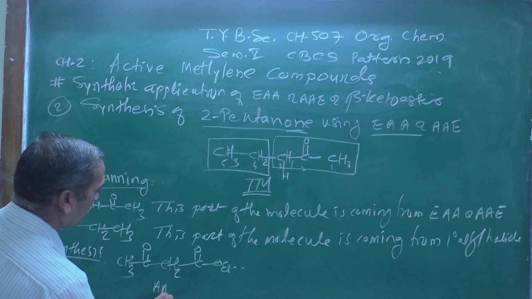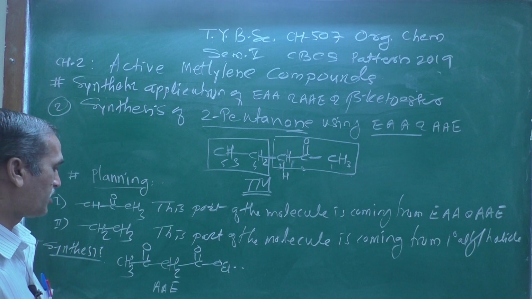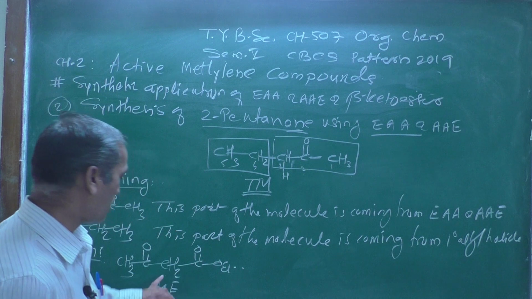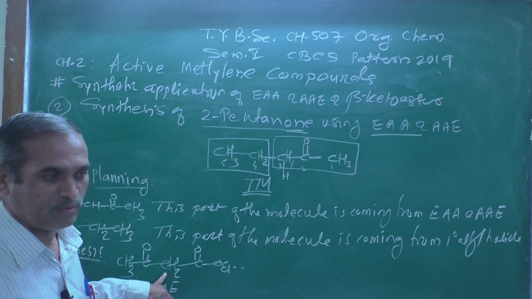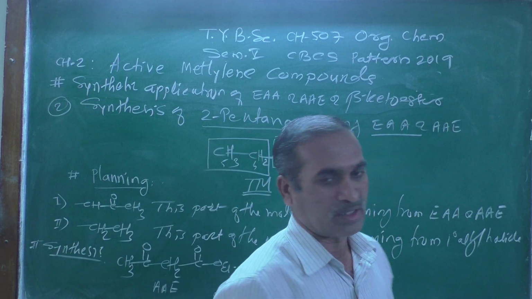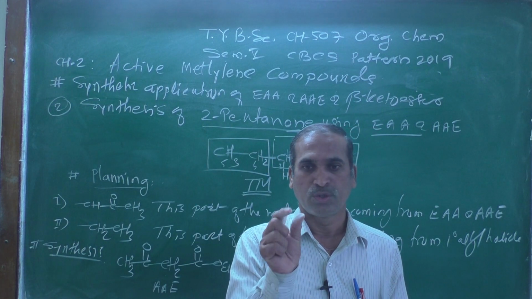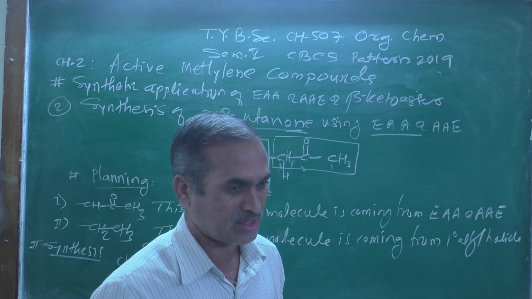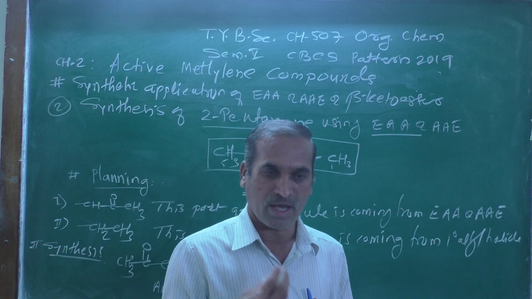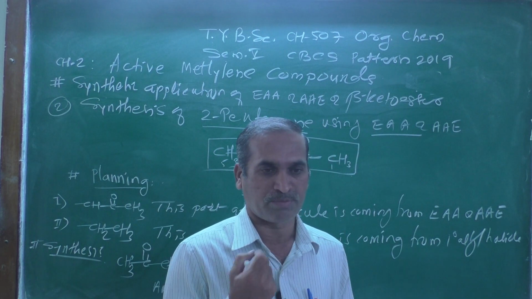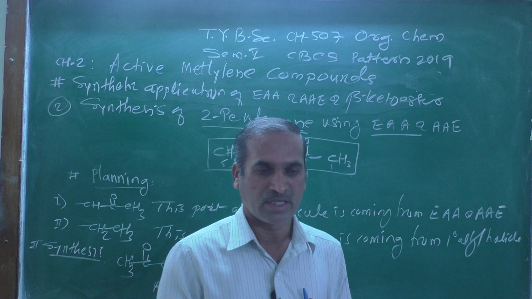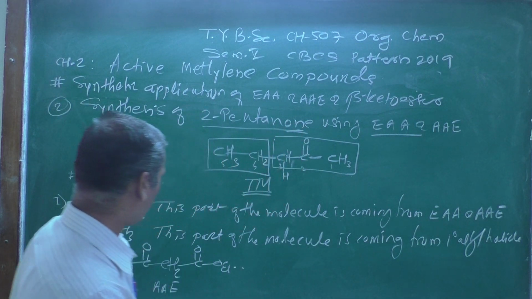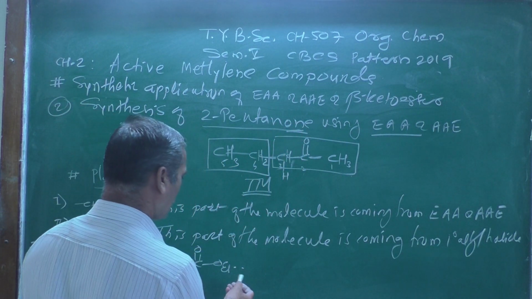It will be the structure of acetoacetic ester or ethyl acetoacetate, which contains a reactive methylene group, means this CH2 group is a reactive methylene group or active methylene group, because the methylene group possesses two protons which are highly acidic in nature, and therefore by using a base, or base catalyzed reaction, it can abstract the more acidic proton and form a carbanion, and the resulting carbanion is well stabilized due to the resonance, and therefore it is important.